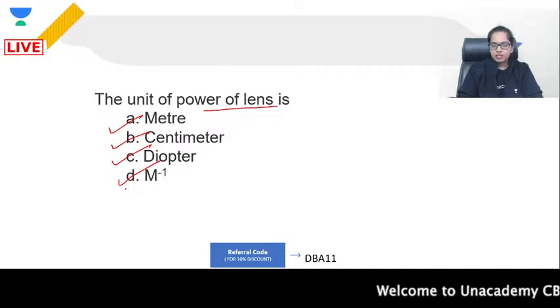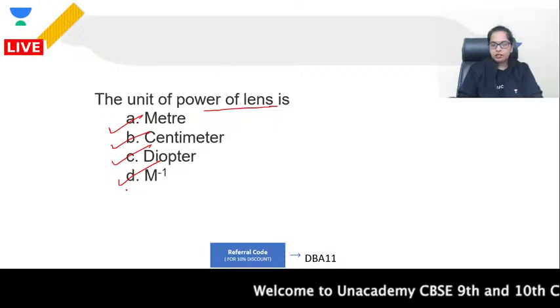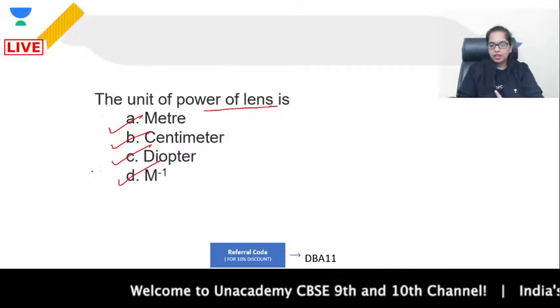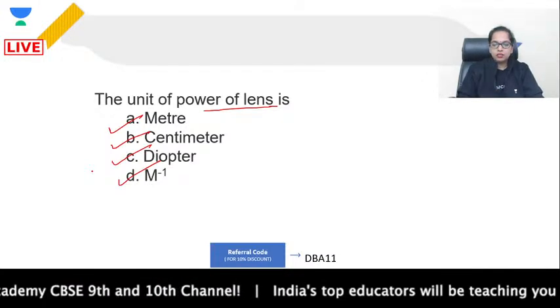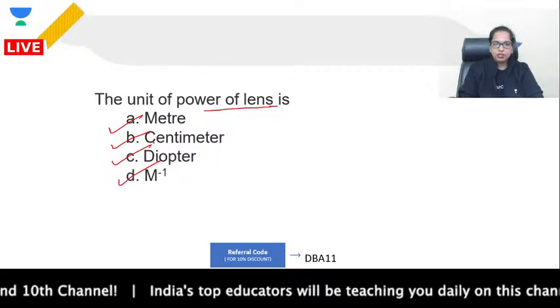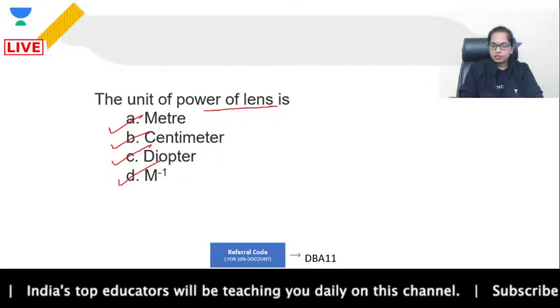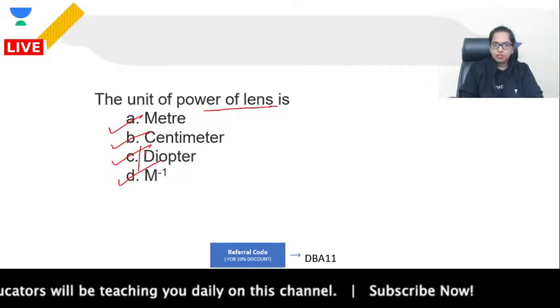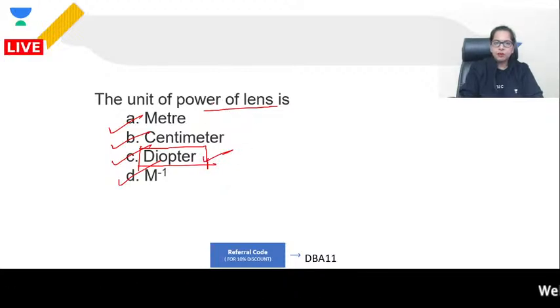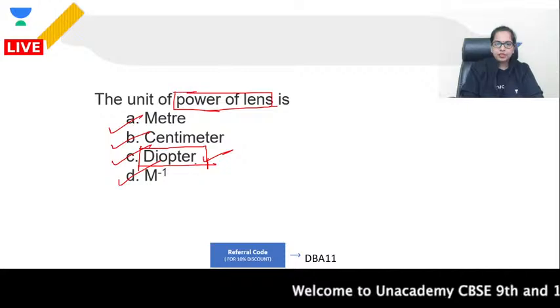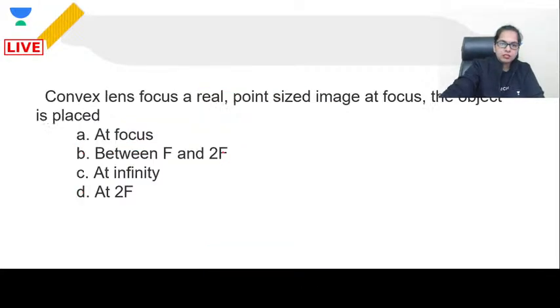Option C. Lavanya is saying option C. What is your answer, Markande? And Saf? What, diopter? Okay. Right answer for this will be diopter. Hello Muskan, good afternoon. Right answer will be what? It is diopter. Diopter होगा. Unit of power of lens is diopter. ठीक है, this is diopter. Okay, next.